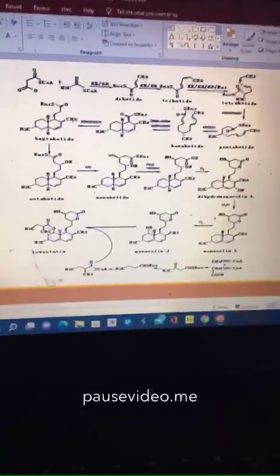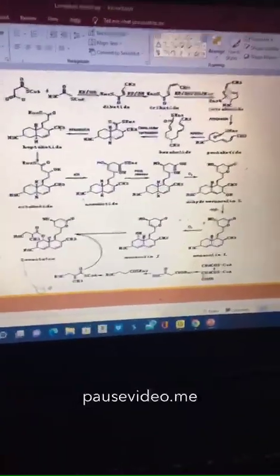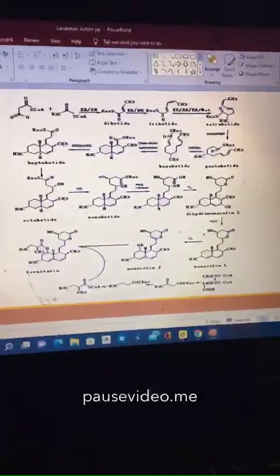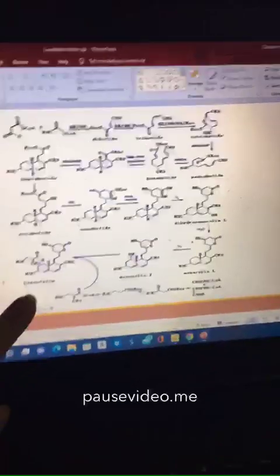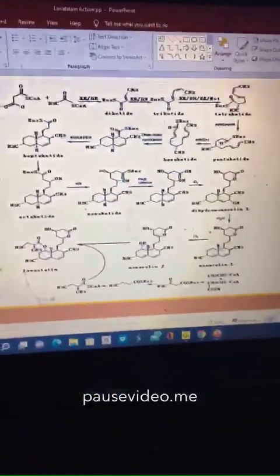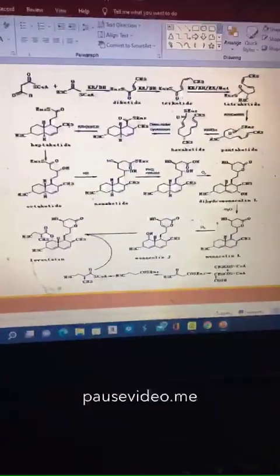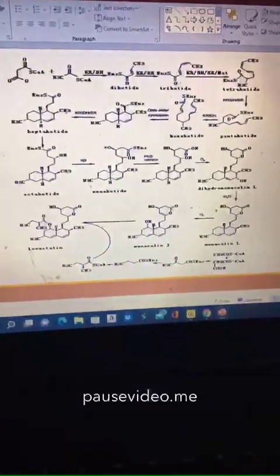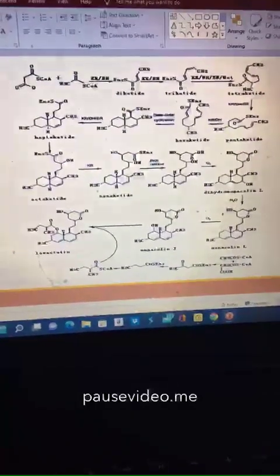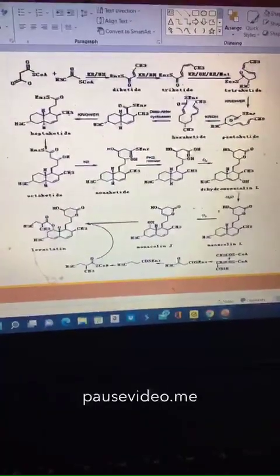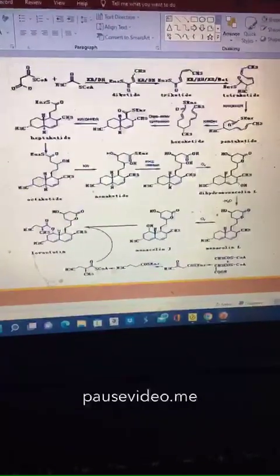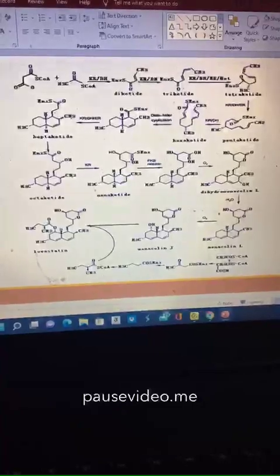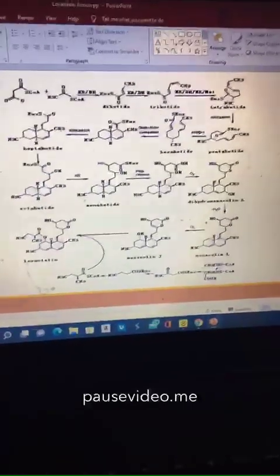So this is a long picture of how Lovastatin is produced. As you can see, Lovastatin is all the way down here. So Lovastatin actually was kind of novel at the time that it was created, because it is a naturally occurring product.